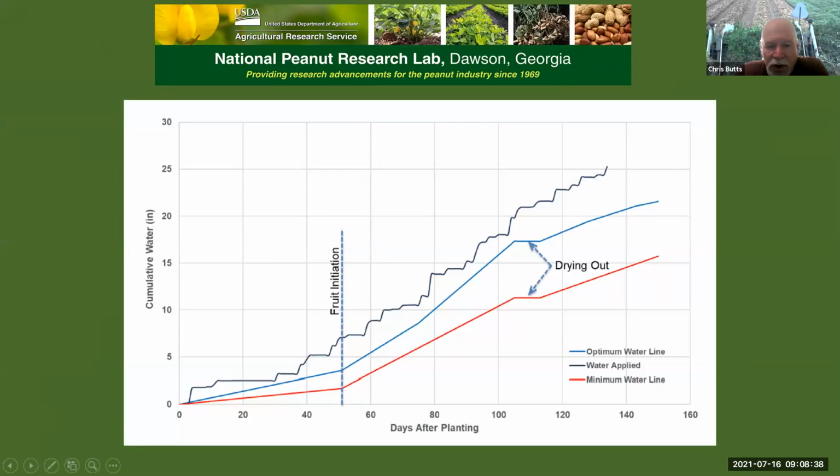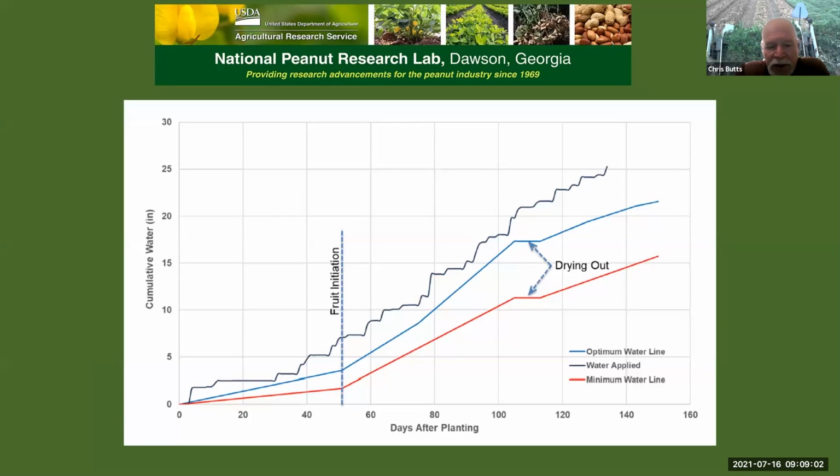One of the reasons we're looking at fruit initiation is that we have the irrigation decision support system called Irrigator Pro for peanuts. Part of that is we use daily water use estimates to forecast when a grower should irrigate.